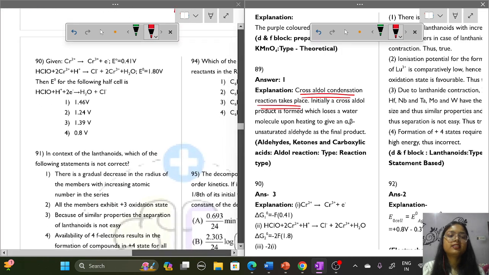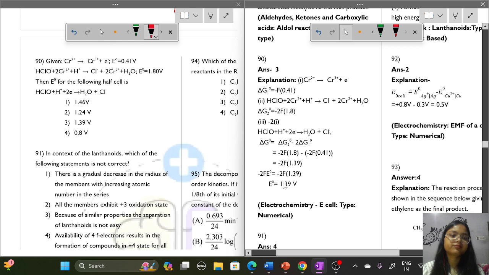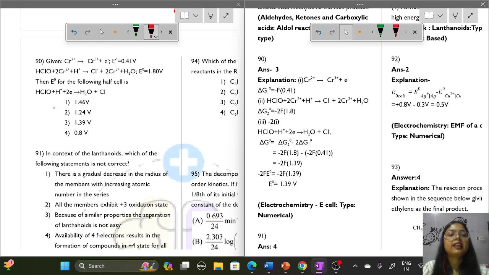Next is question number 90. Question number 90 says that it is given in the question Cr plus 2 will give Cr plus 3 plus e minus, and its E naught value is given as 0.41 volt. Then again second equation is given and its E naught value is also given as 1.80 volt. Then E naught for the following half cell.